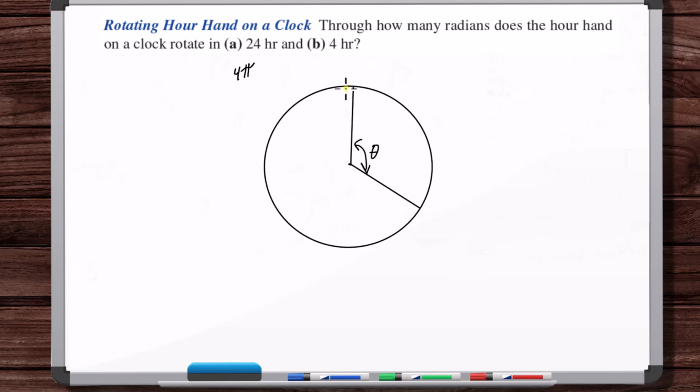So at the 4 position, you've gone through 4 of those pieces. So that's 4/12, that's 1/3. So you've gone 1/3 of a full rotation. What's 1/3 of a full rotation in radians? Two pi over 3.